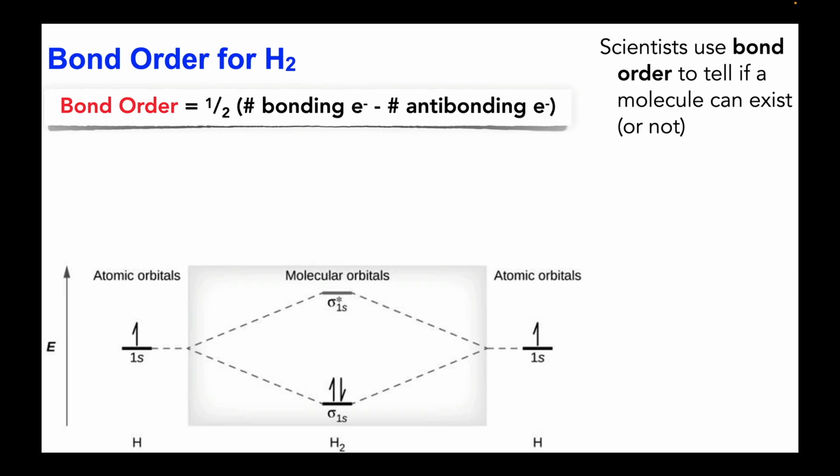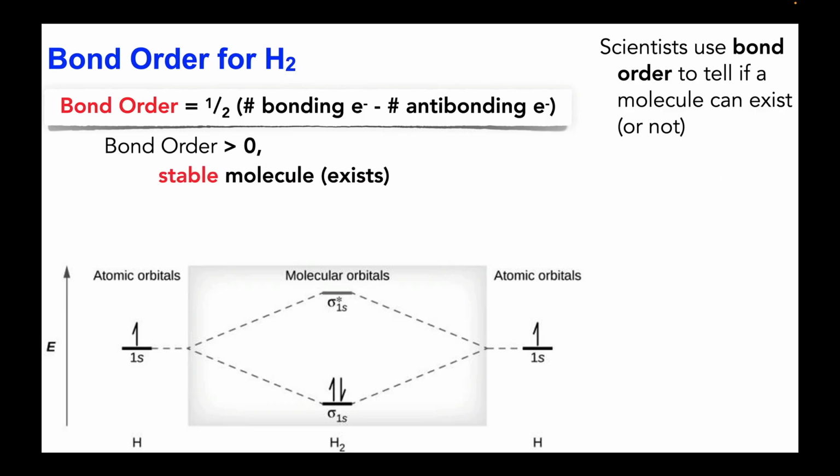Instead of just thinking about whether it's good or not good, let's talk about a way to quantify whether you make a molecule or not. Scientists do this with what's called bond order. For molecular orbital theory, bond order equals 1/2 times the number of bonding electrons minus the number of anti-bonding electrons.